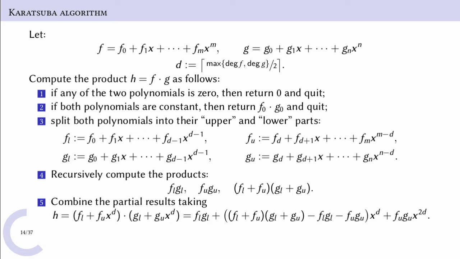In any other case, if the two polynomials have higher degrees, if they are not constant, then we split both polynomials roughly at half. So we split it at the degree d that we computed at the very beginning, and we apply this algorithm recursively to compute the three products, fl times gl, fu times gu, and the product of the sums of lower and upper parts.